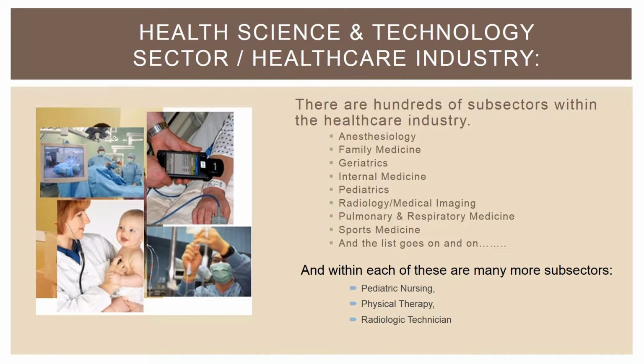By this example, when we break down the economy, the first groups are sectors. In this case, health science and technology is our sector, which describes a general economic activity. Then, all of the companies that fall into that sector are broken down further into industry categories.